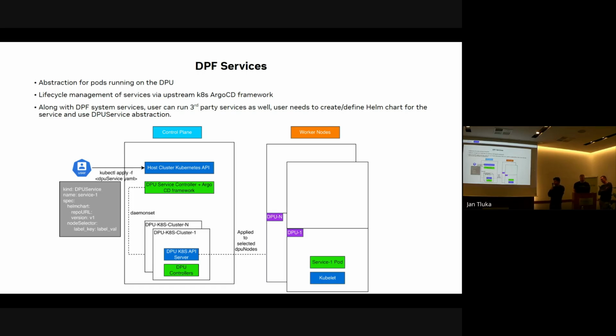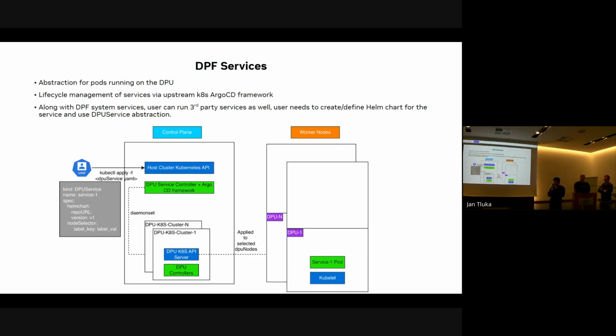And since you have specified via node selector that you want to run this specific service on this set of machines, once it reaches the DPU K8s cluster, it will target the set of nodes for you and spin up the pod. So let's say you have 100 DPUs and you want to launch service 1 on the first 50 nodes and service 2 on the next 50 nodes, you can select the nodes accordingly.